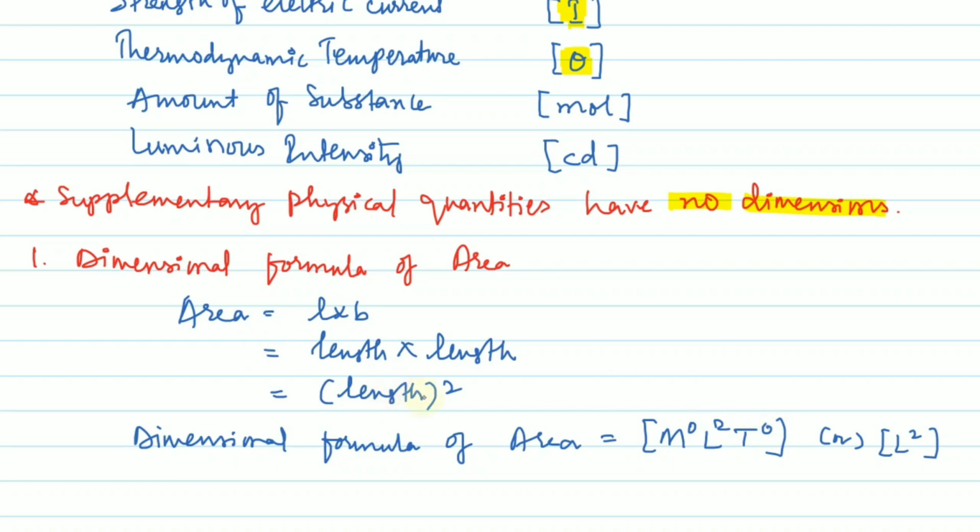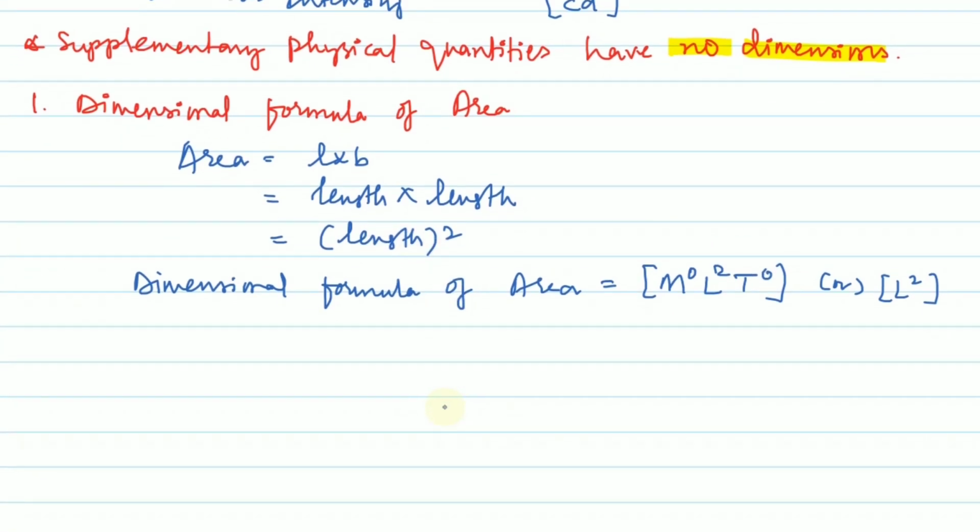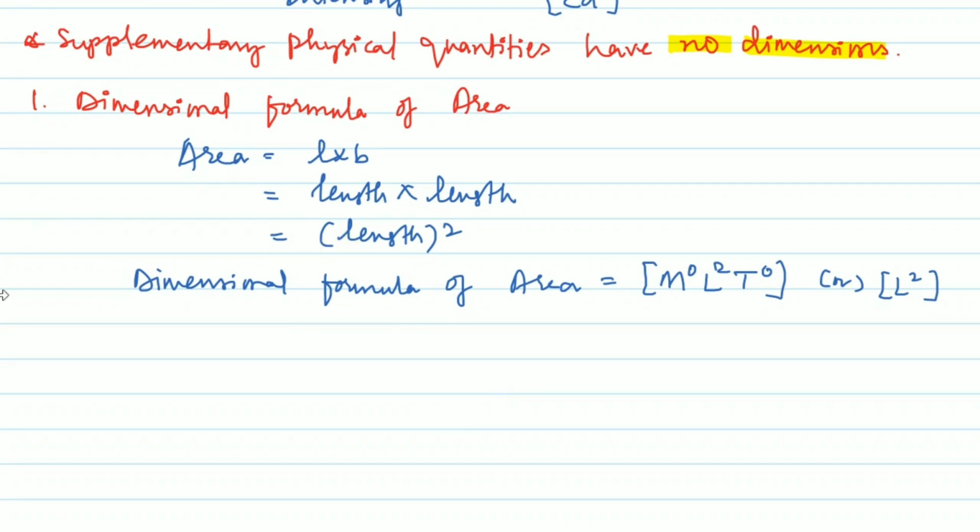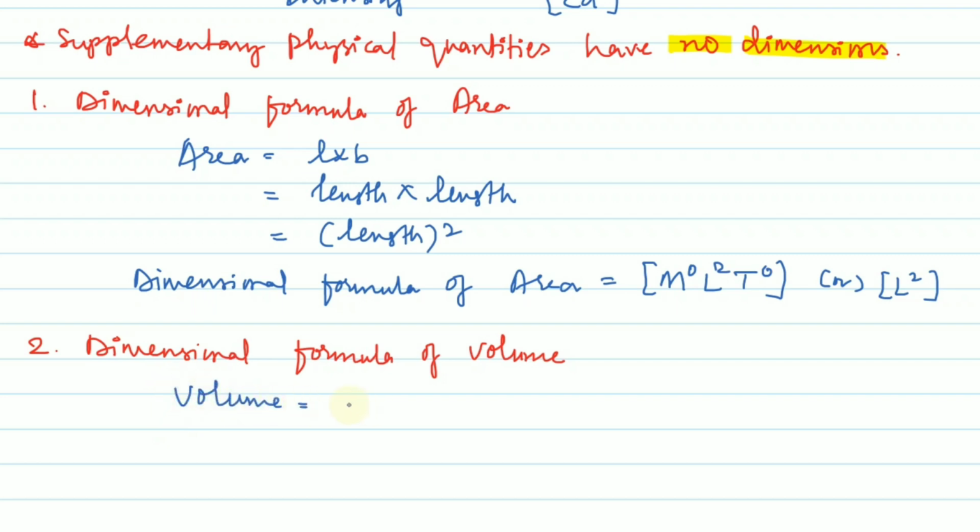Let's take the second example, the dimensional formula of volume. Volume is equal to length into breadth into height, so we can write this as length cube, right?